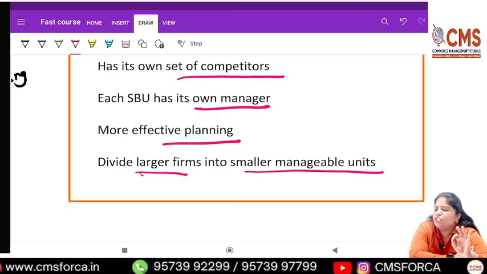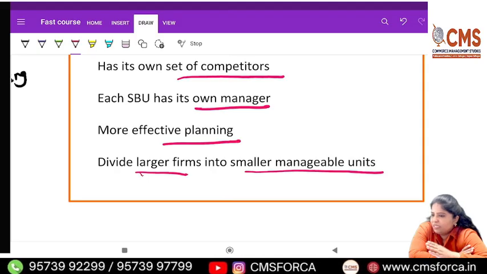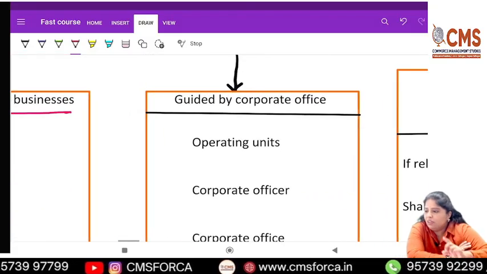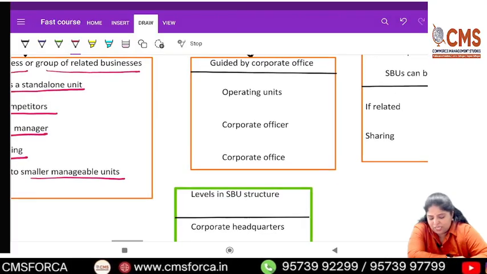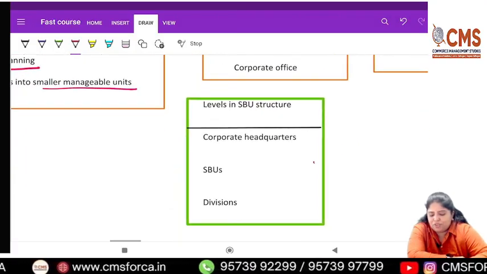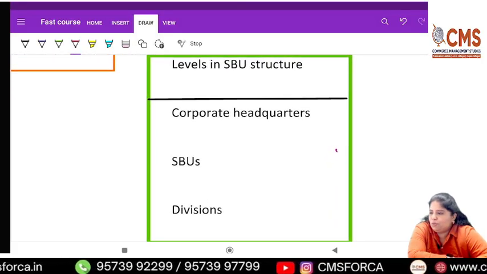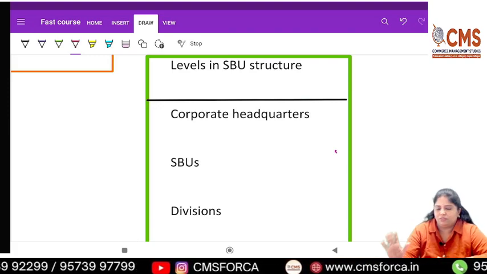Now, any confusion in understanding the features? No, right? Shall we go further? As you are clear with the features of SBU structure, let's try to understand the levels of SBU structure first. We have 3 levels in SBU structure. First one is corporate headquarters.